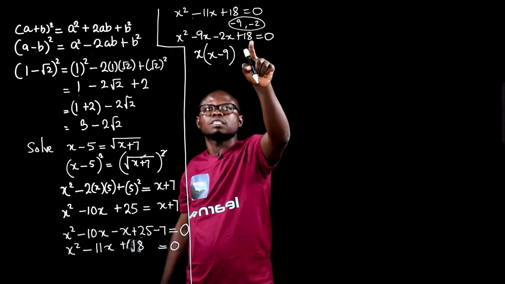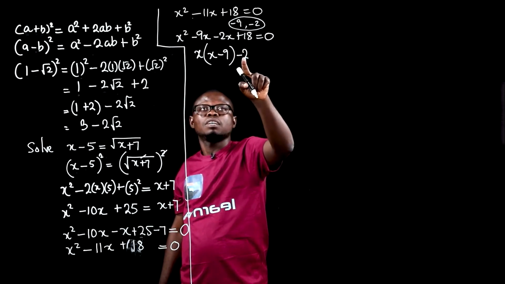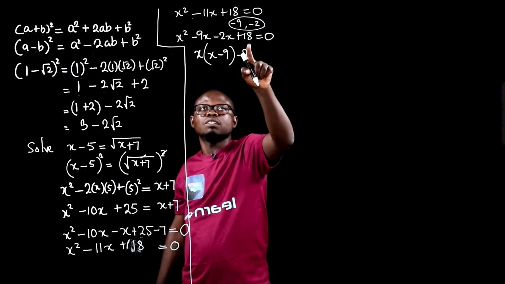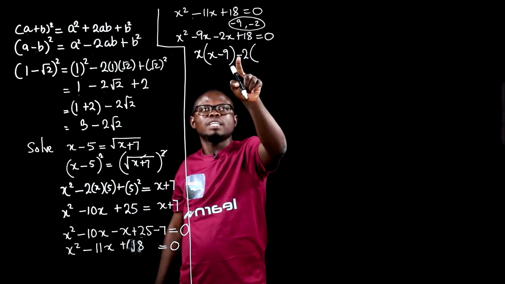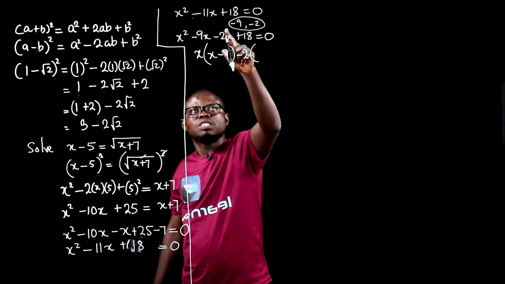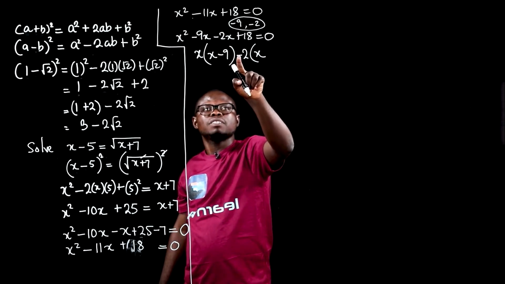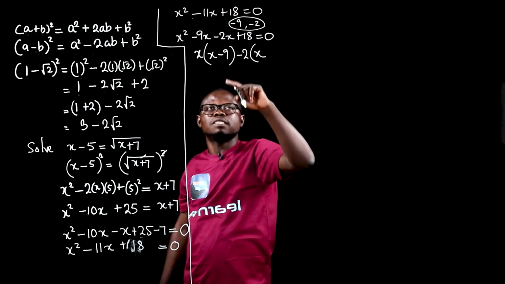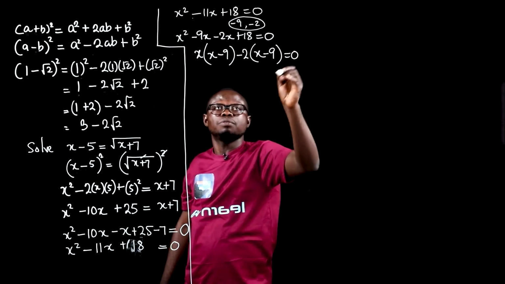And we come to this one. Minus 2 is common because 2 can divide 2 and 2 can divide 18. We open this bracket. When negative 2 divides negative 2x, you have x left. And when negative 2 divides positive 18, that will give you a negative 9. That's equal to 0.